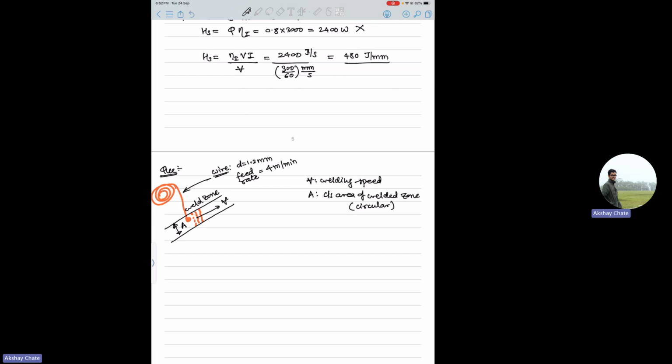Here you are supplying a heat source, because this wire will not melt on its own. That heat source is 200 ampere current and 25 volts, so it is again an electrical heat source providing the heat for melting and welding. And the welding speed is given as 18 centimeter per minute.